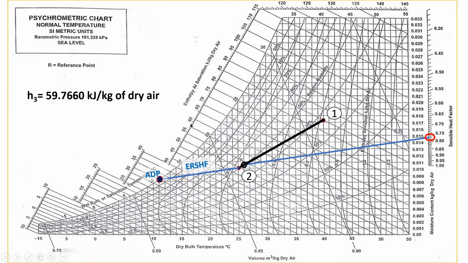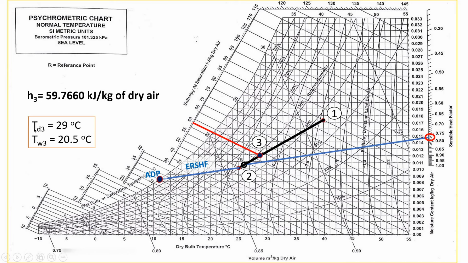From this point, we can draw a line parallel to constant enthalpy lines and extend it up to line 1-2. This intersection point is point 3, which is the supply air point, that is, the point before the cooling coil. And we can read the values respective to this point. The dry bulb temperature is 29, and the wet bulb temperature is between 20 and 21, so 20.5.